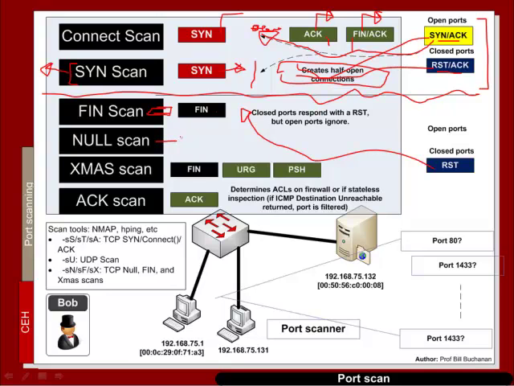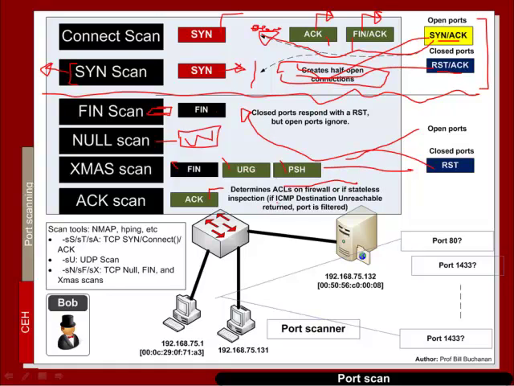We can also have a null scan, which has no flags actually set. A stateful firewall can normally detect this as looking very strange because the connection hasn't been made. We have a Christmas scan, which has FIN, urgent and push flags, and again the scanner looks for the flags that respond back. And then we have an ACK scan, which is often used to determine the ACLs in a firewall, or if stateless inspection is used.